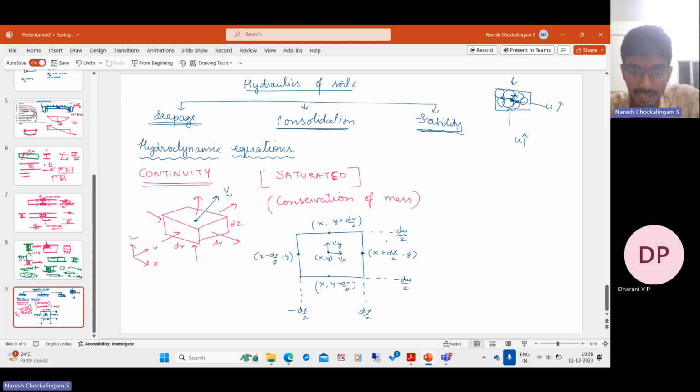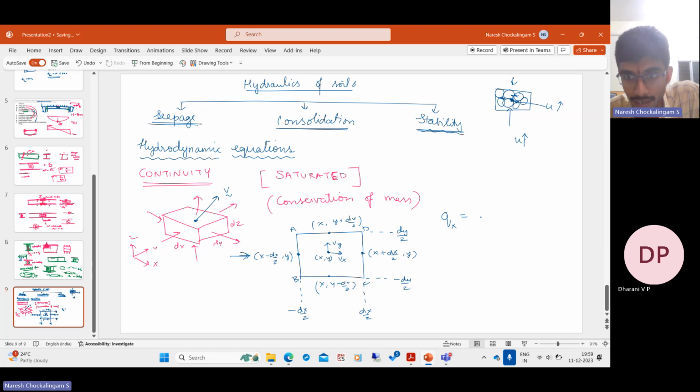And the area of cross section is, if we just look at one direction, let us say, what is the volume flow rate along the x direction? Let us call that quantity qx. What is it equal to? Let us see the volume of water entering from the left hand side. Let us take this face as AB, ABCD.